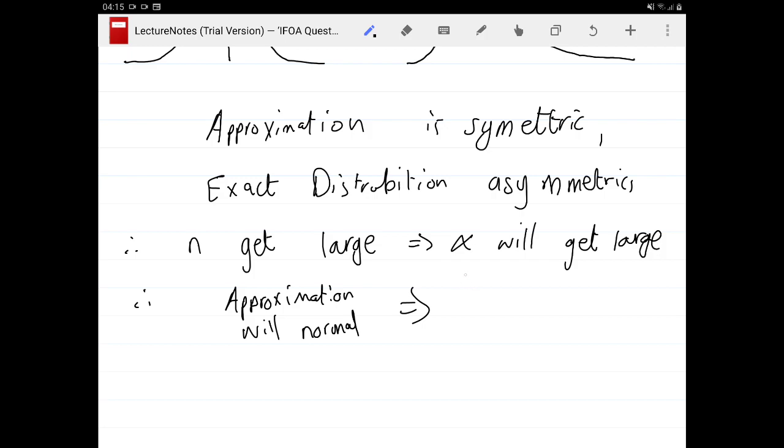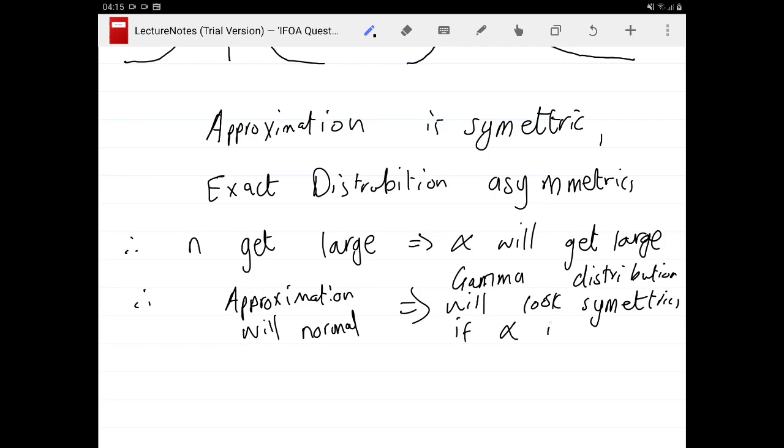So therefore, a gamma distribution will look symmetric if alpha is large enough.